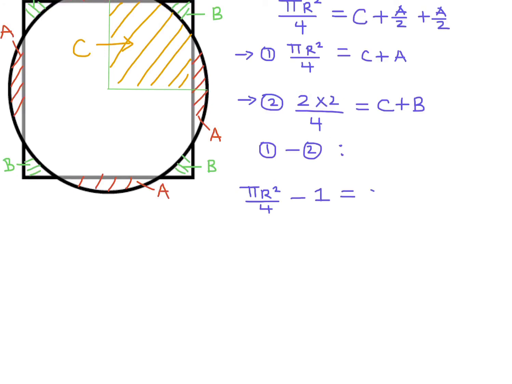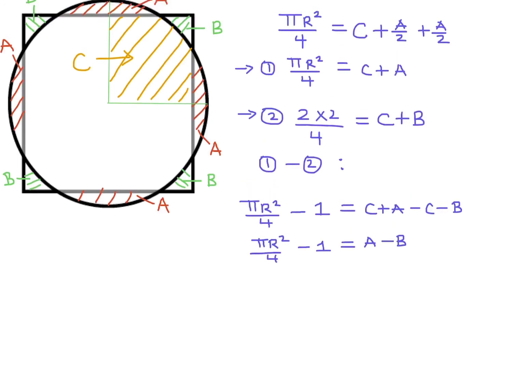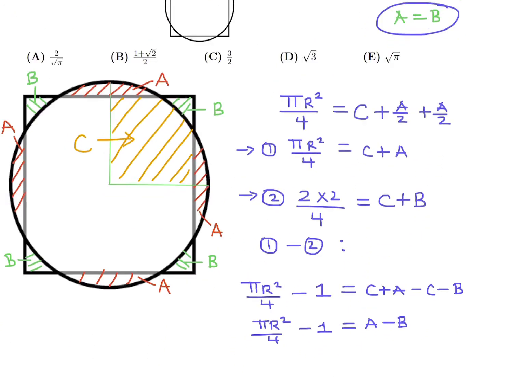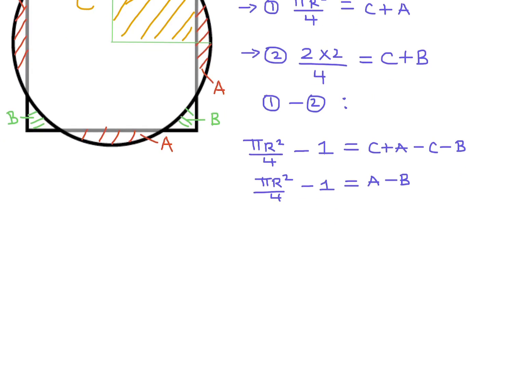And then on the right side, it would be C plus A minus C minus B. The C's cancel, and then you just get A minus B. But A is equal to B. We established that earlier in the question. So if A is equal to B, A minus B is 0.